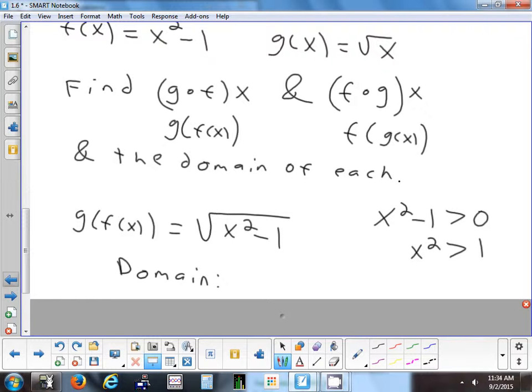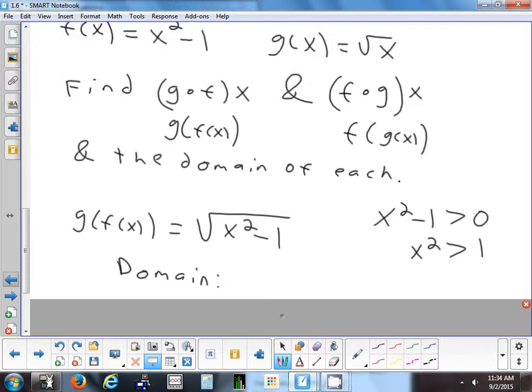What kind of values can you square and the answer will always come out bigger than 1? There's a couple possibilities there. What do you think, Tommy? Positive numbers? Can you be more specific? Like 1/2 is a positive number, but if I square it, it's not bigger than 1.